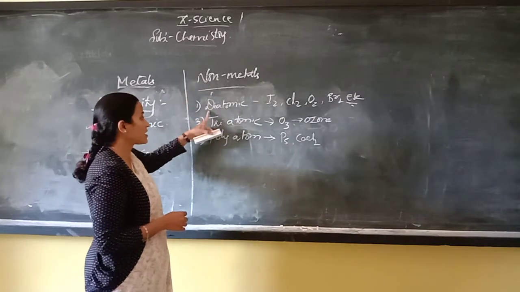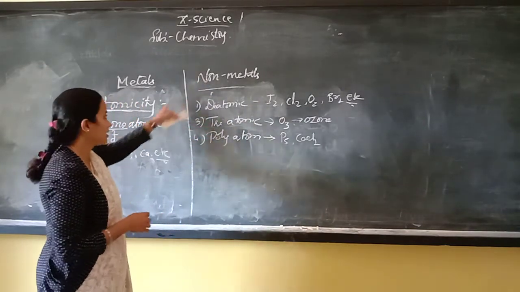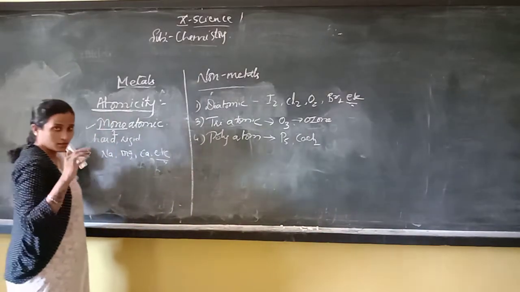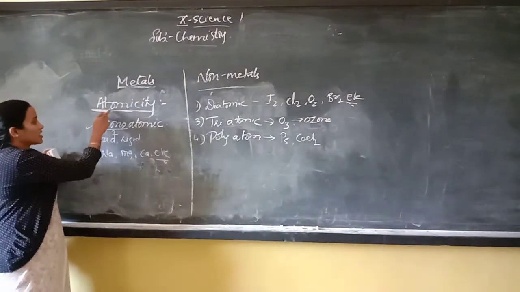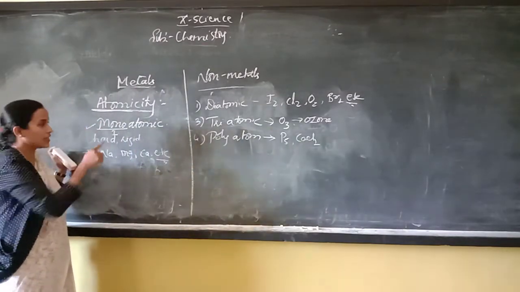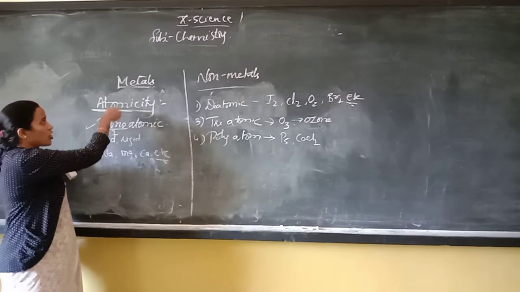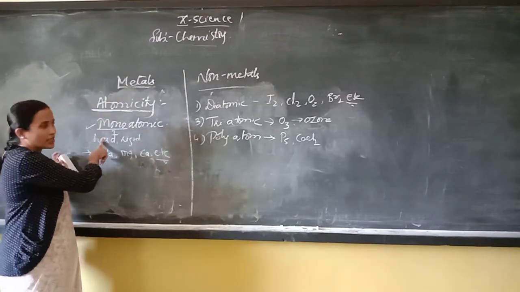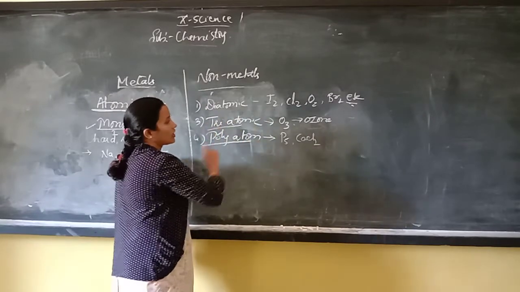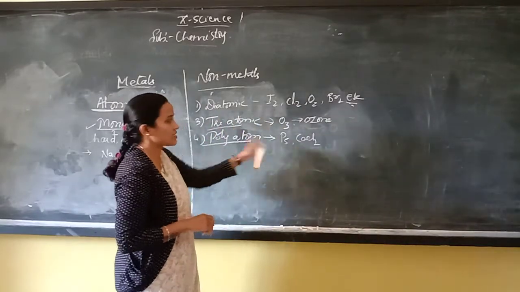For the non-metals, diatomic, triatomic, polyatomic, they are called atomicity. Let me revise once again. Those elements which form with one atom are called monoatomic. So the atomicity of metal is 1, monoatomic. Non-metals are diatomic, triatomic and polyatomic. Understood? The examples are like this.